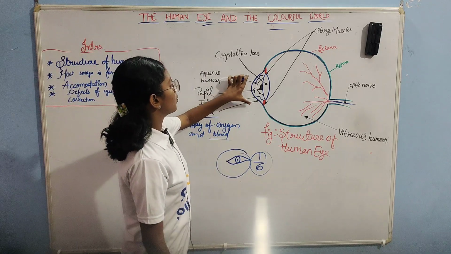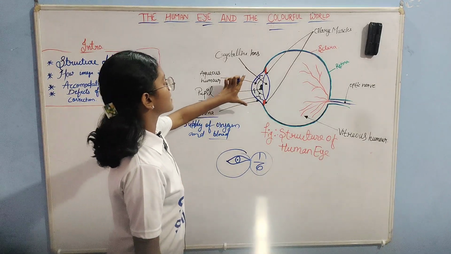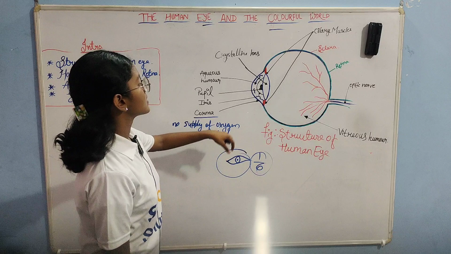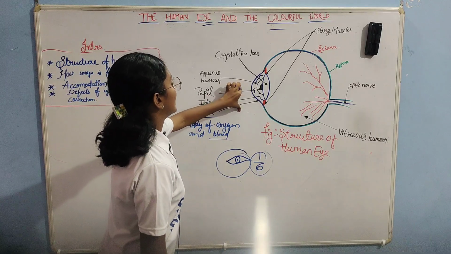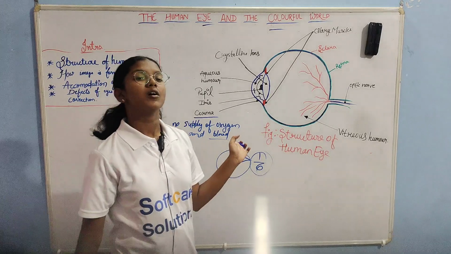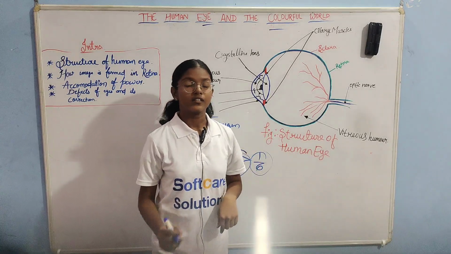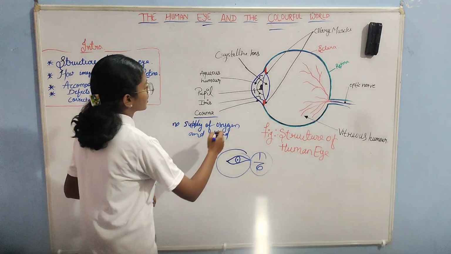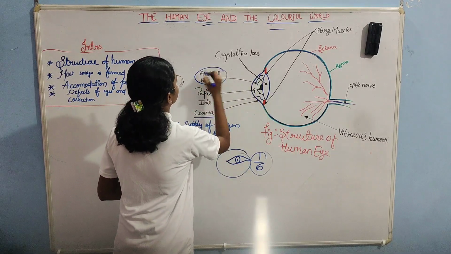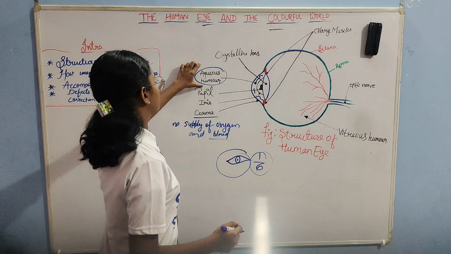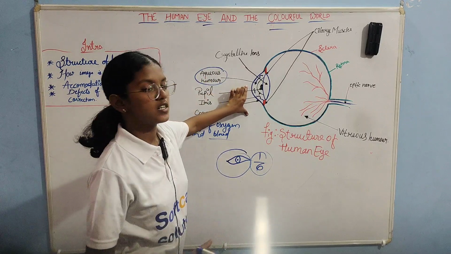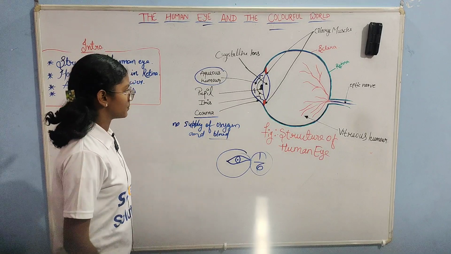The cornea gets its oxygen from the environment directly, but oxygen is not sufficient for it. So where does the cornea get its nutrition? By the help of this aqueous humor, the cornea gets its nutrition, minerals, whatever is needed for that portion.